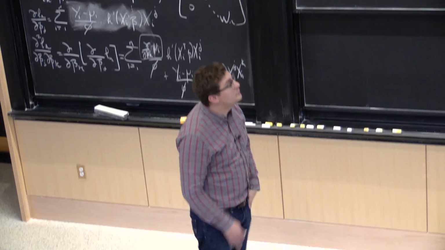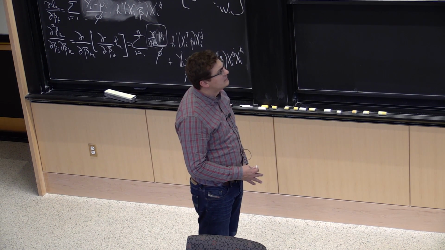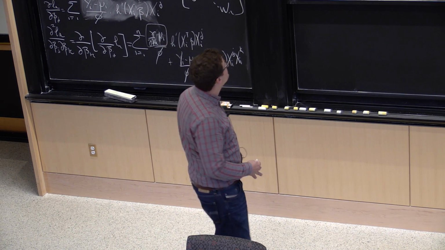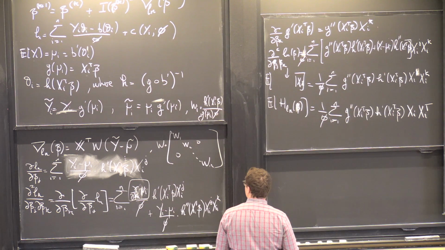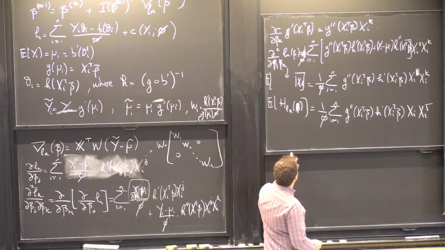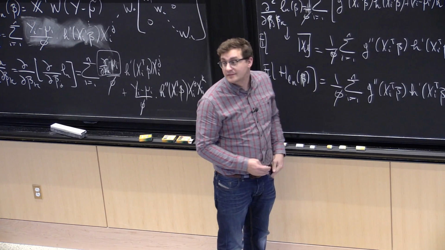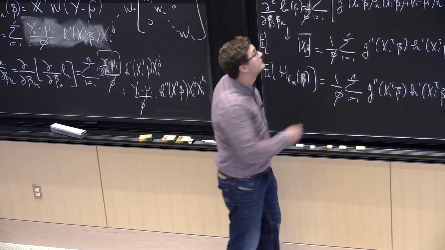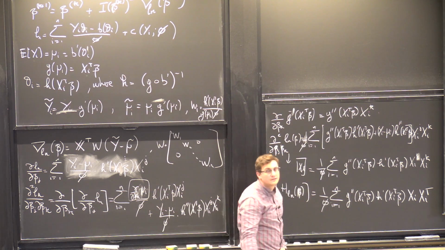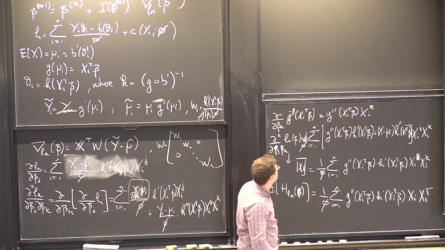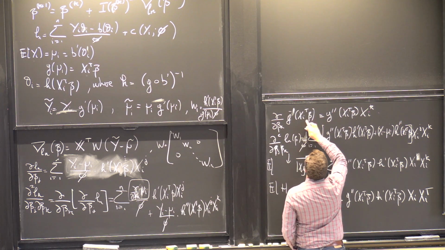So now I need to do my rewriting. Can I write this? So I'm missing something here, right? Oh, I know where it's coming from. Mu is not g prime of x beta. Mu is g inverse of x beta, right? So the derivative is not g prime prime.